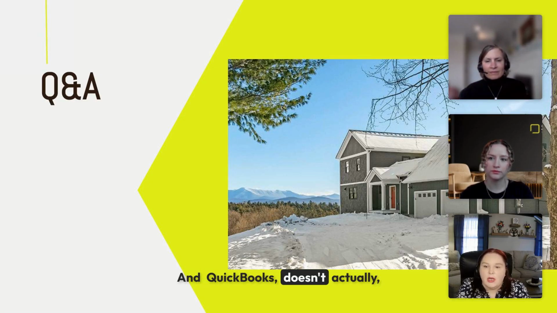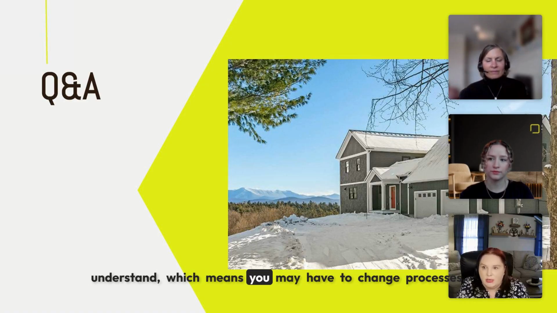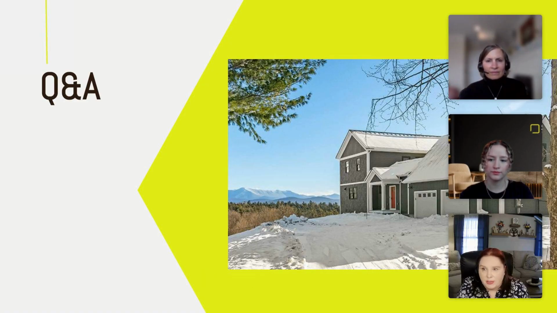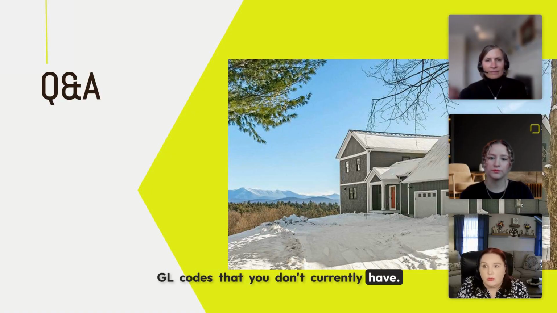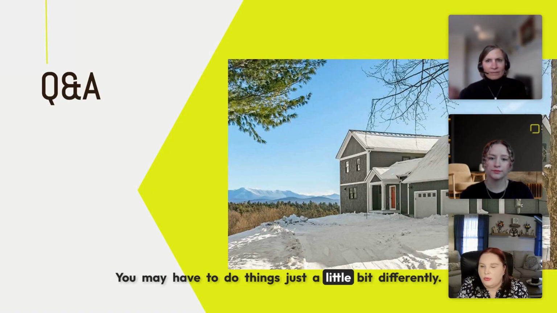QuickBooks doesn't actually keep all of the GAAP compliancies. So you might find that in an ERP system that you're moving to, you may have to do different processes for reasons around that, which you'll have to try to understand, which means you may have to change processes. You may have to add GL codes that you don't currently have. You may have to do things just a little bit differently.